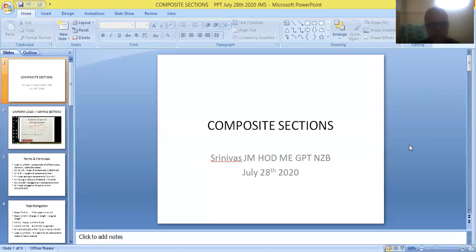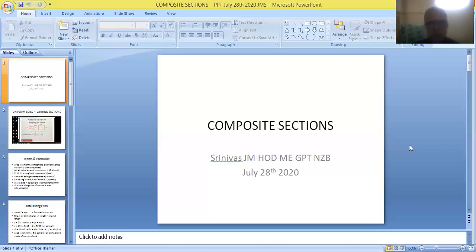Therefore, the problems on composite sections are divided into four categories based on these two factors, namely the load on the section and the area of the components: uniform load, uniform cross sections; uniform load, varying cross sections; varying load, uniform cross sections; and varying load, varying cross sections.